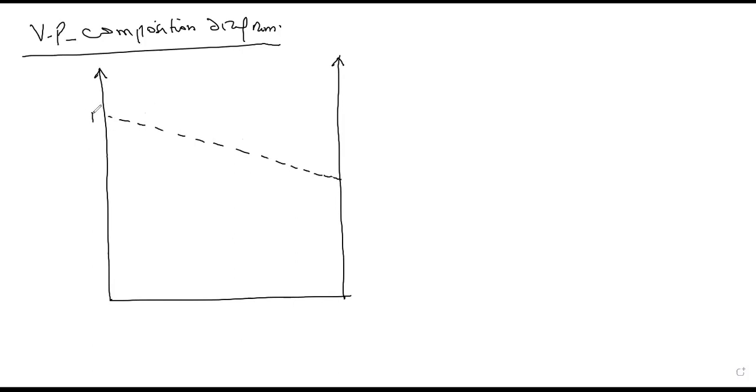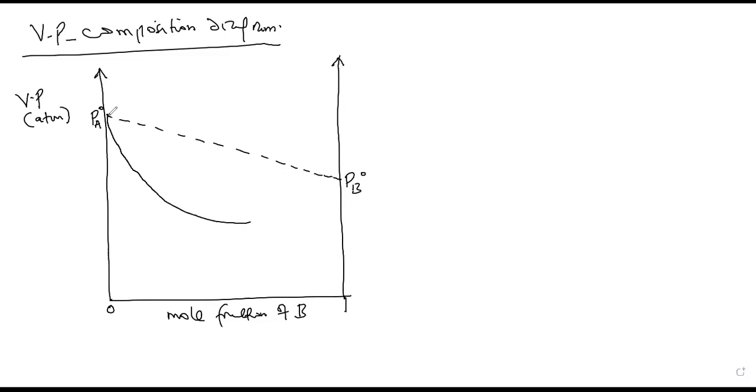Here would be the vapor pressure of pure A, and this one will be the vapor pressure of pure B. This is vapor pressure, maybe in atmospheres, and from 0 to 1 is the mole fraction of B. We've said that the vapor pressure of the solution is lower than ideal, so we shall have it as a minimum, like that. So here is ideal behavior.